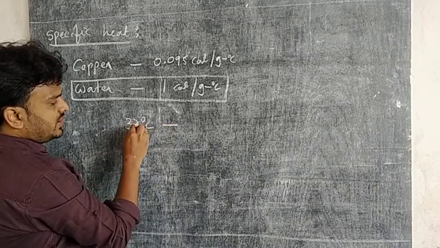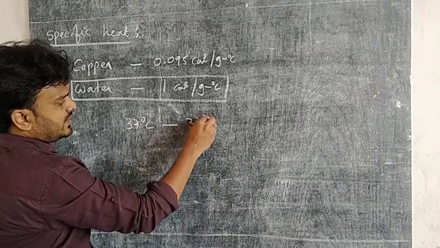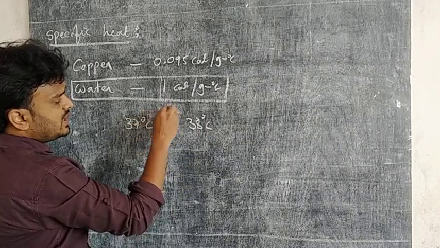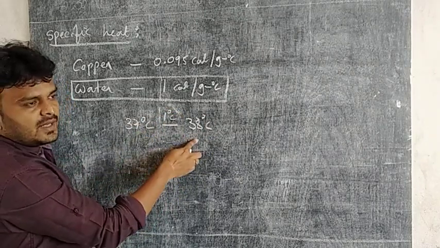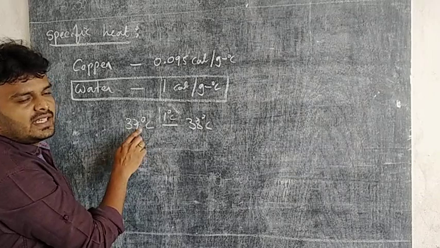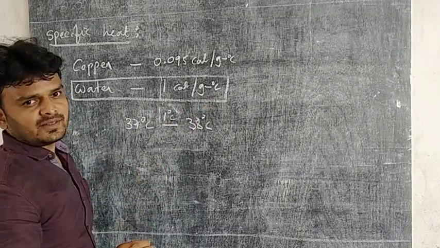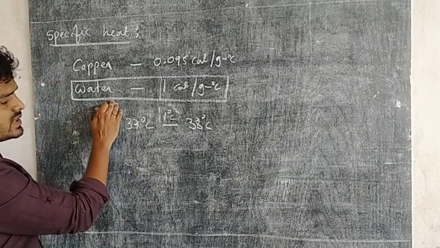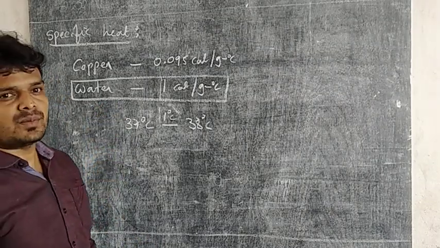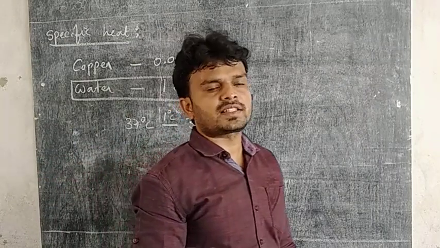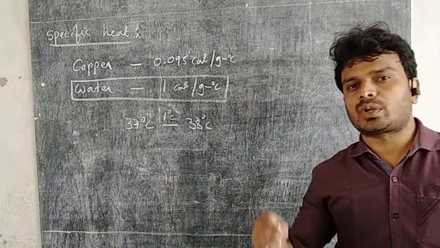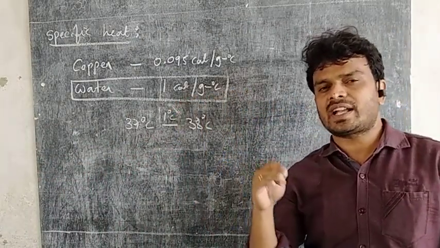If you want to raise it to 38 degrees Celsius, the difference is 1 degree Celsius, but it will not easily rise or fall in temperature. Clear? If the specific heat is high, it requires more heat to raise or lower its temperature.